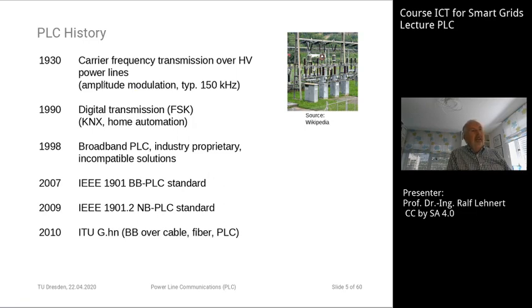So it was a classical amplitude modulation, and a typical frequency for a power line transmission carrier was, for instance, 150 kilohertz. And as this is the switch gear of a high voltage network, it's difficult to see. So here these boxes are eventually the couplers where the transmitters were coupled onto the power line.